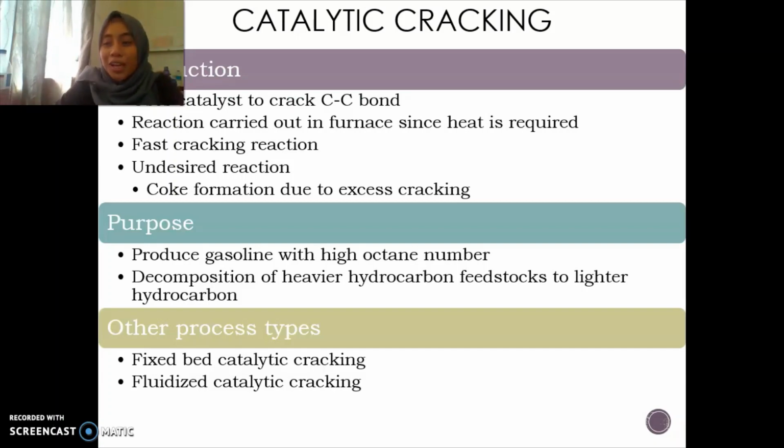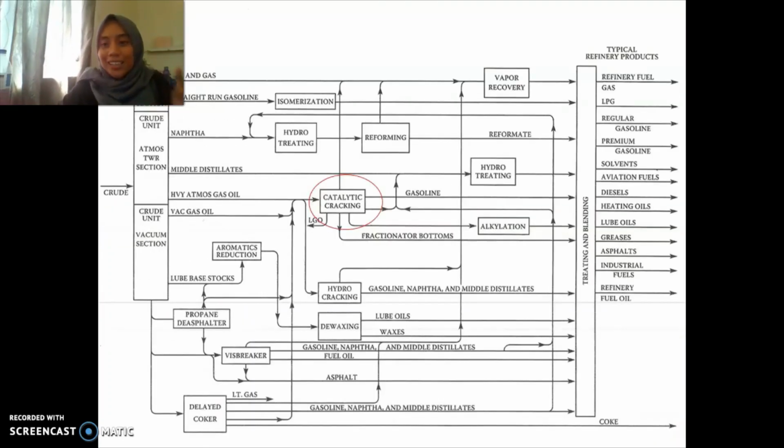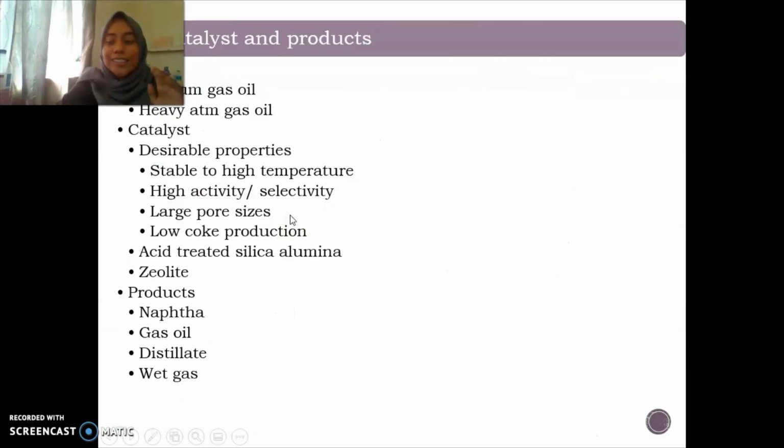But for today, I'm going to explain only the fluidized catalytic cracking. The feedstock is heavy atmospheric gas oil and vacuum gas oil, and the catalyst used for this reaction is usually acid treated silica alumina and zeolite.